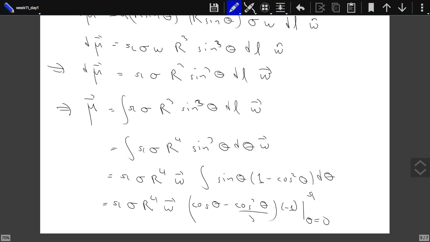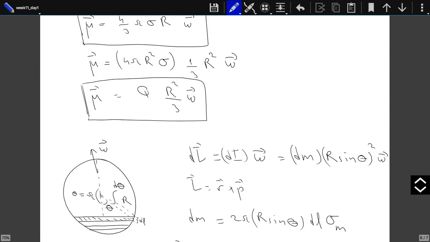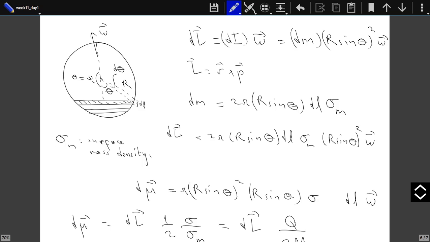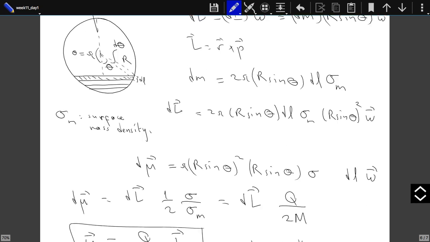There was this interesting observation that the contribution from one ring to the magnetic dipole moment was very similar to the contribution of that same ring to the total angular momentum of the system.